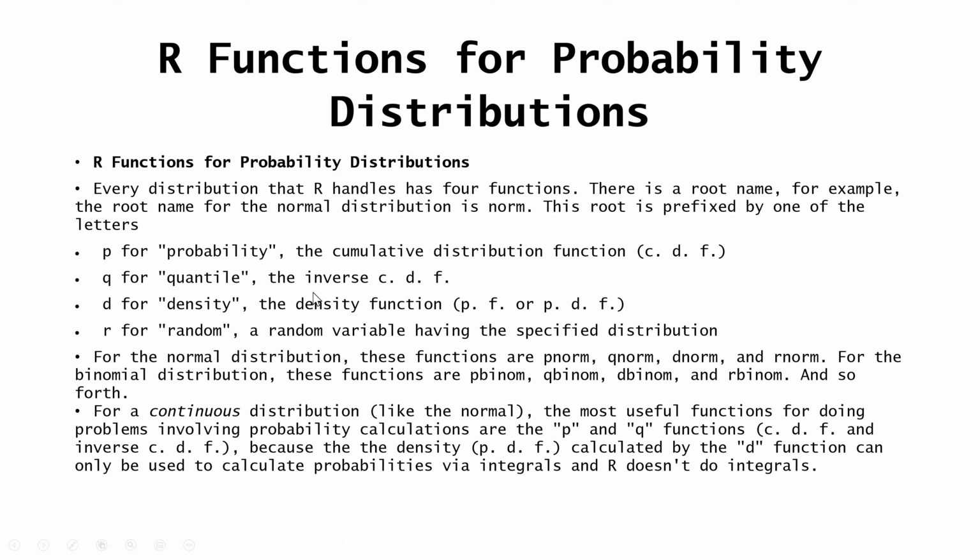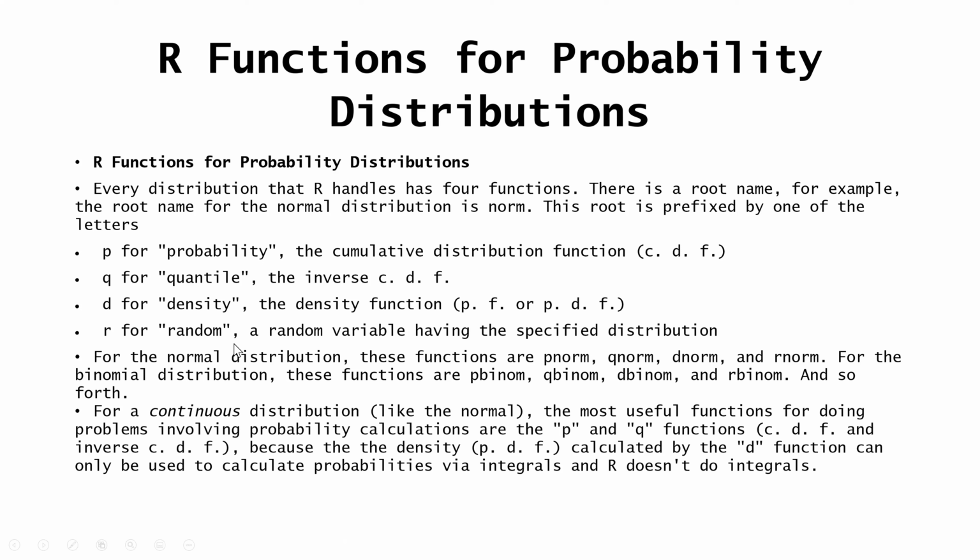Q is for quantile, the inverse cumulative distribution function. D is for the density, which is not the probability that the random variable equals that value, so it doesn't make sense to use it except to plot the density function.